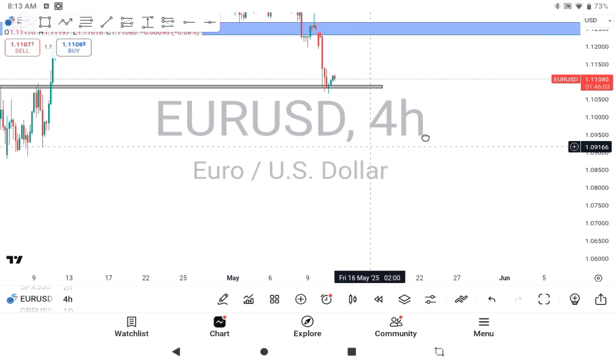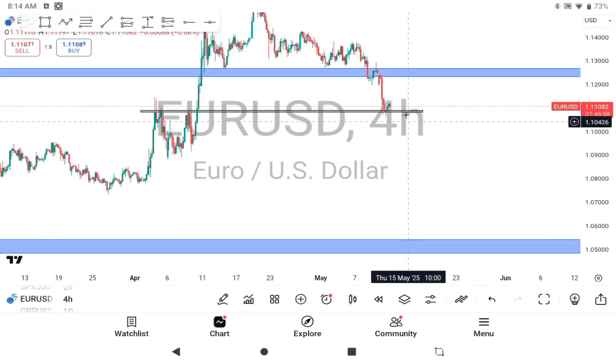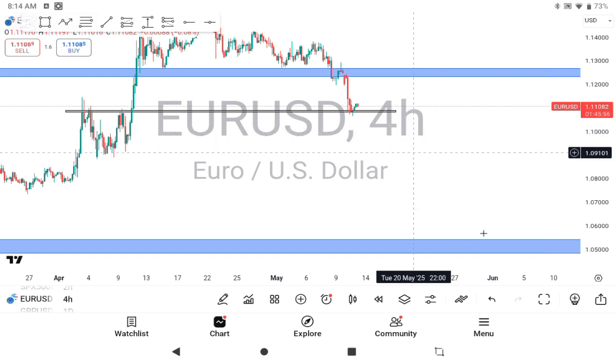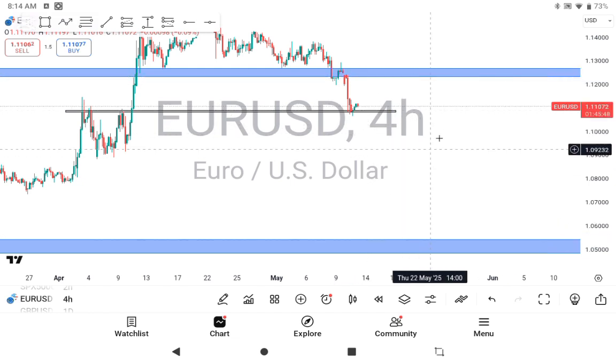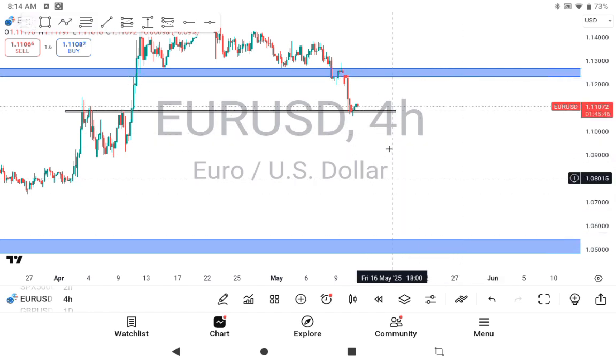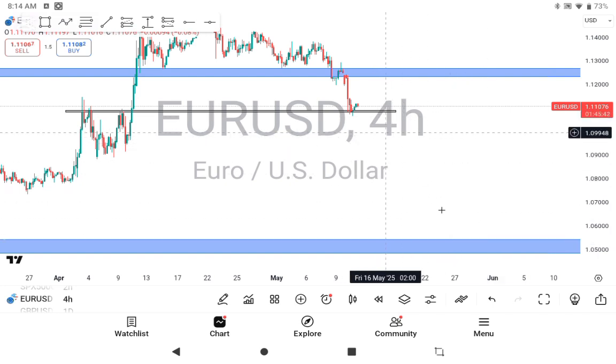Whatever challenges might happen while price is finding its way, eventually price will find its way to sell back down right here.